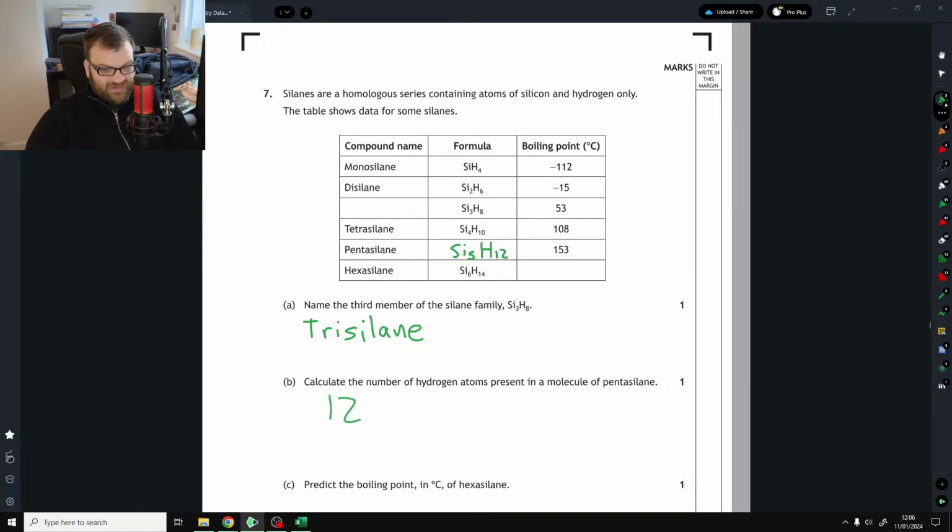Next, we have to predict a boiling point as we are making our way down the silanes. I'd be looking to see how much has it jumped by in each of the previous steps. This point has been up by 97. Then it's gone up by 68. Then 55.